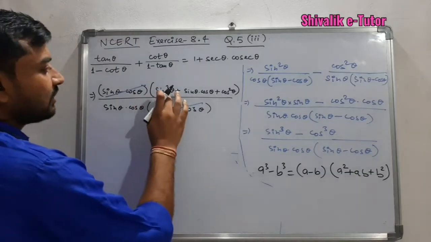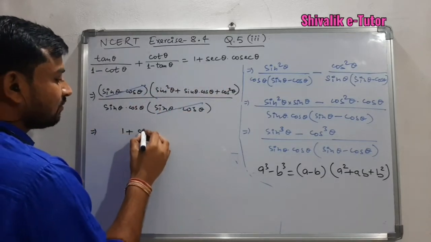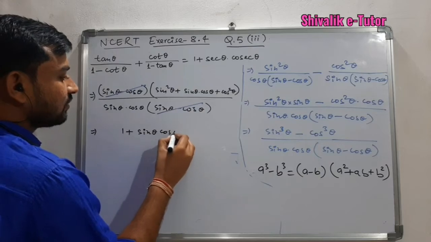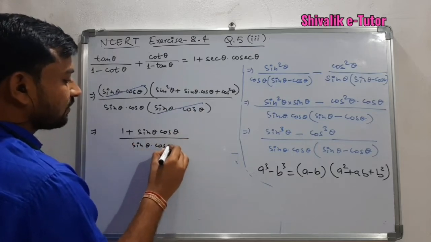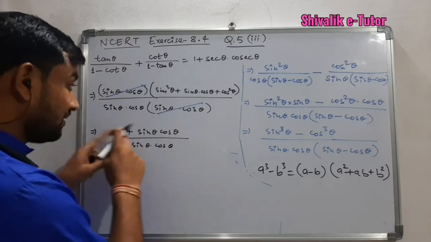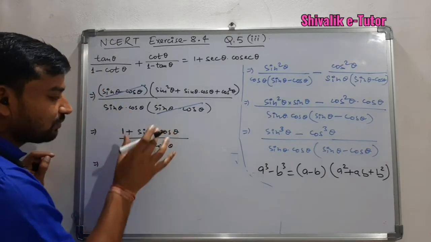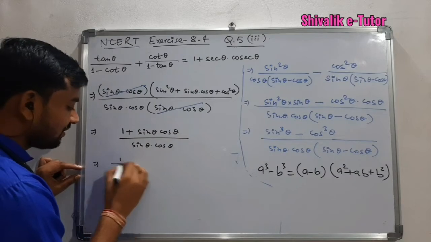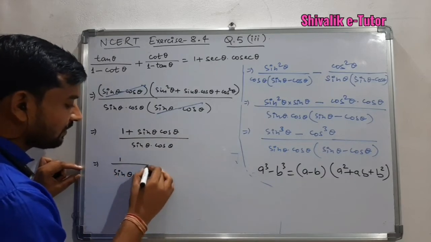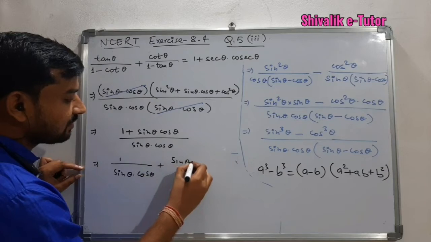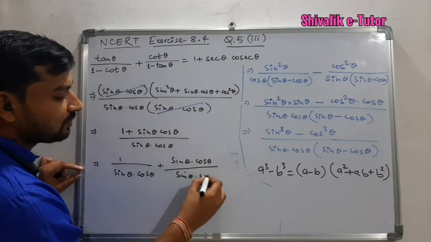And when we look at the numerator, sin square theta plus cos square theta can be written as 1, plus sin theta cos theta, upon sin theta cos theta. If we separate these two terms, here in the numerator there are two terms, below there is one, so we separate them. So this will be 1 upon sin theta cos theta and sin theta cos theta upon sin theta cos theta.